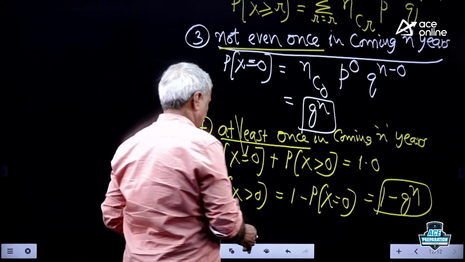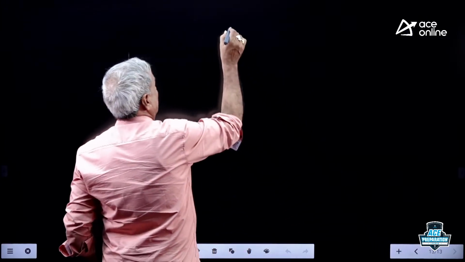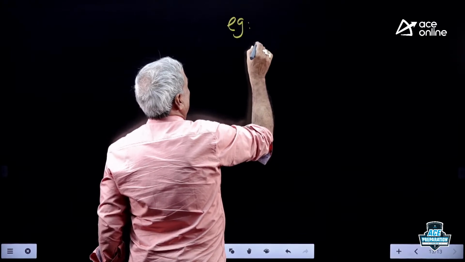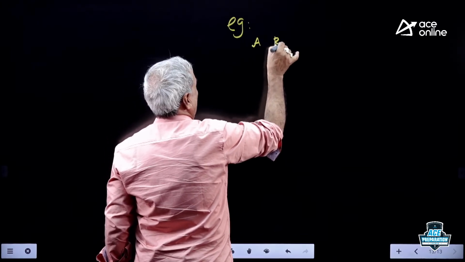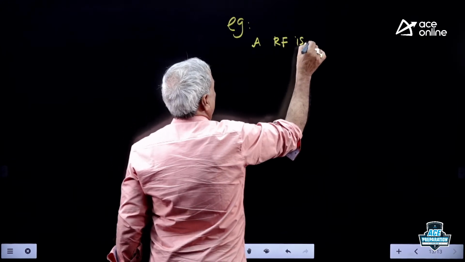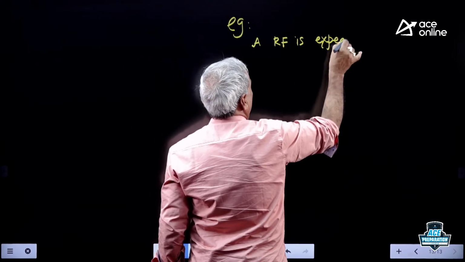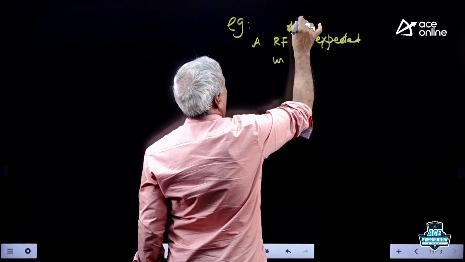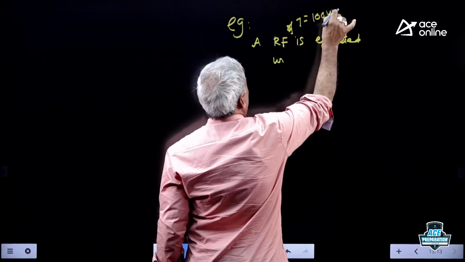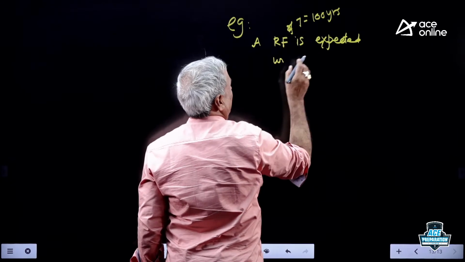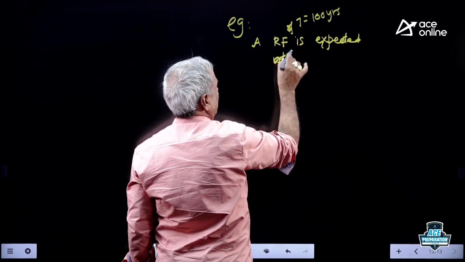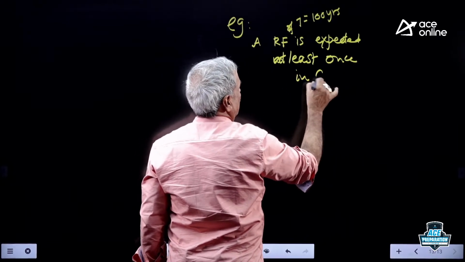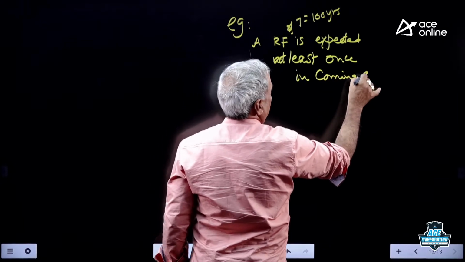Let us see. Suppose a question is given: a particular rainfall of return period 10 years is expected at least once in the coming 3 years.